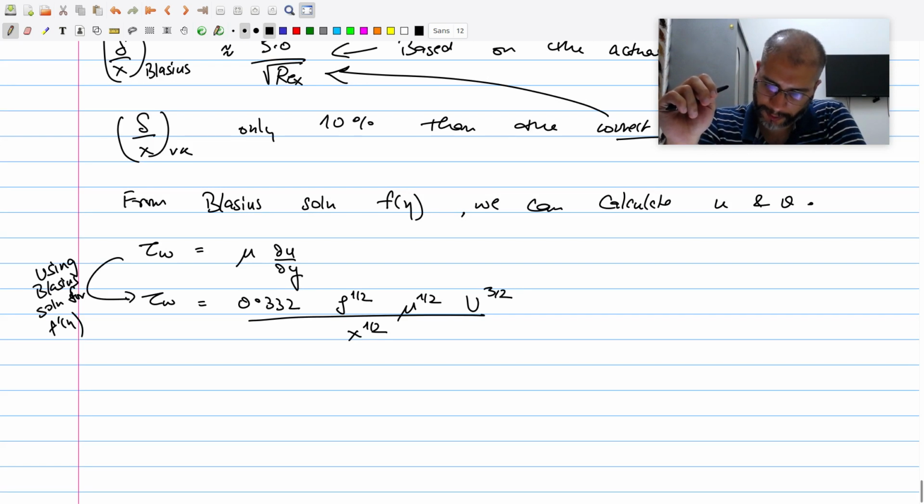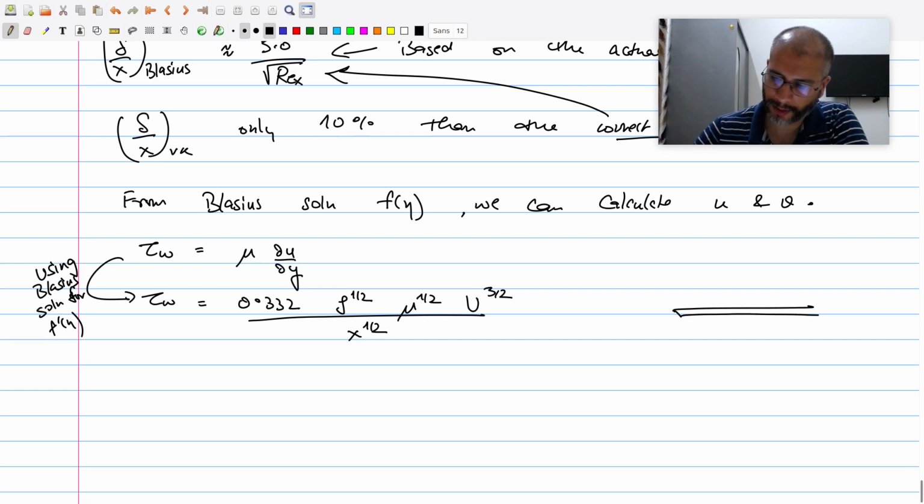what I see is that as x increases, tau wall decreases as x to the power of half. That is expected. We expect tau wall to fall as x increases, because in the boundary layer, as we have discussed, going from left to right the thickness of the boundary layer is increasing, so the velocity profile has more distance to go from 0 to u infinity.